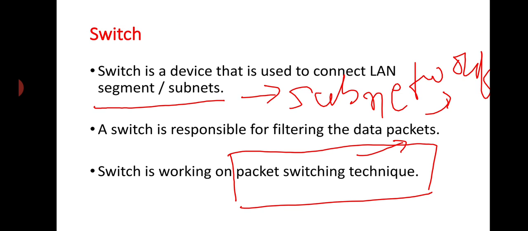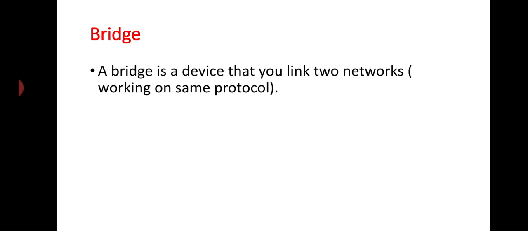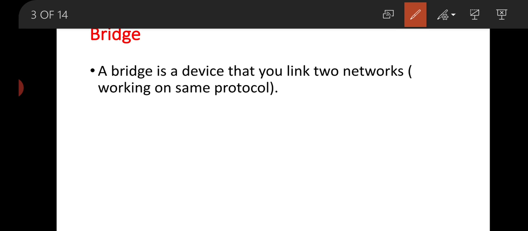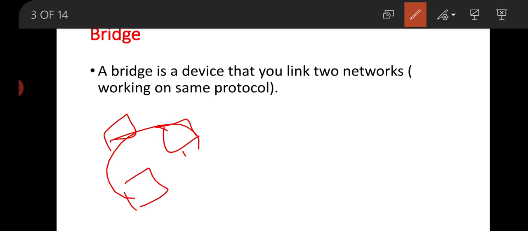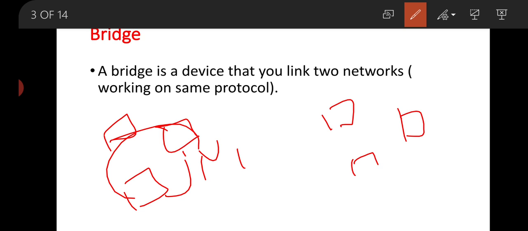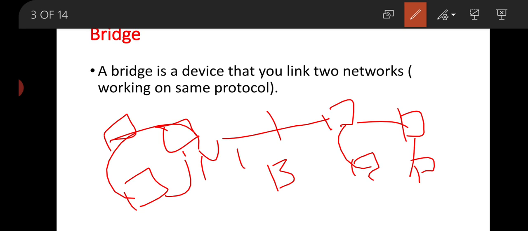Now next one is bridge. A bridge is a device that links two networks working on the same protocol. Suppose there are two networks, this is one network and this is the other network.